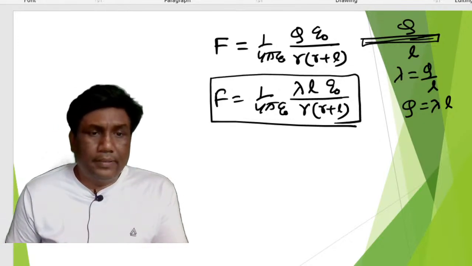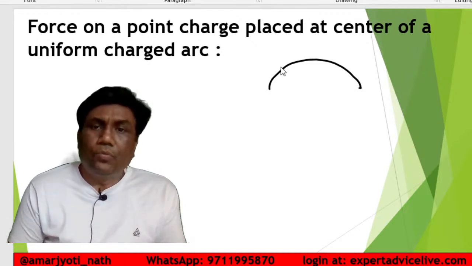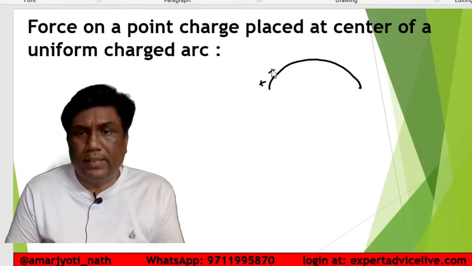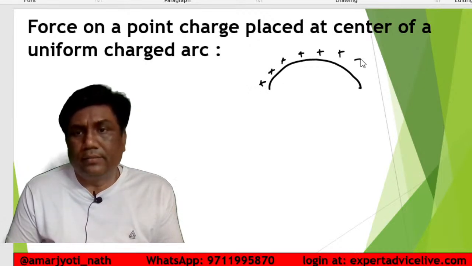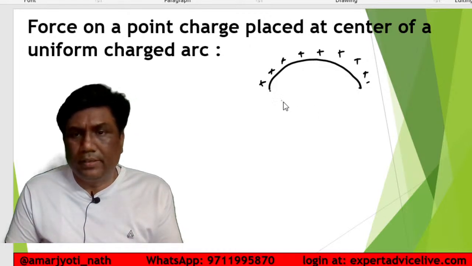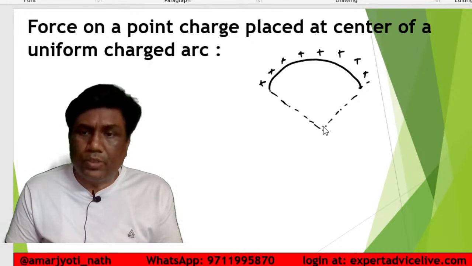And in this problem, we want the force on a point charge placed at the center of a uniformly charged arc. Say this is a positively charged arc. I am taking positive only so that it will be easier. You can do it for negative also, as well as for a positive-negative charge system.